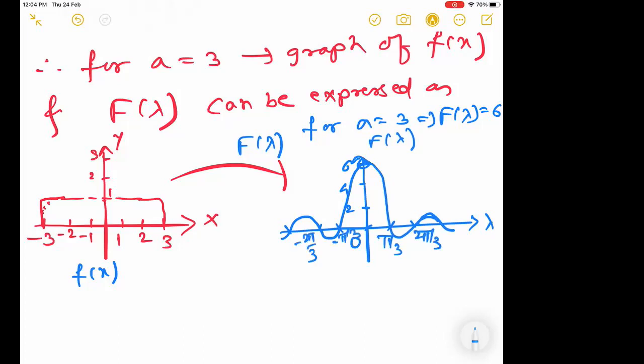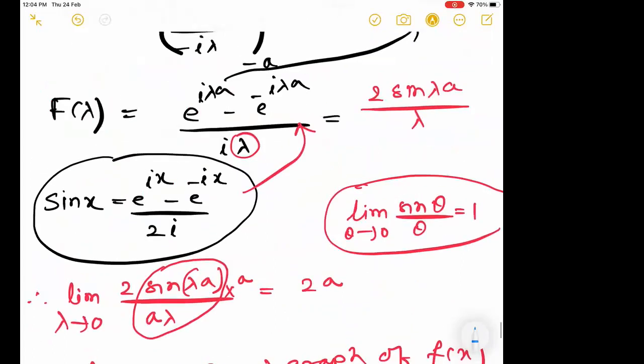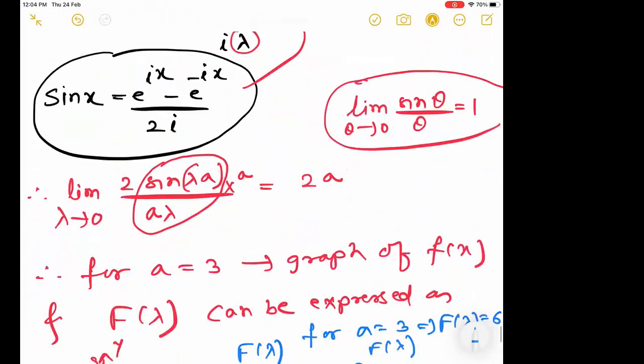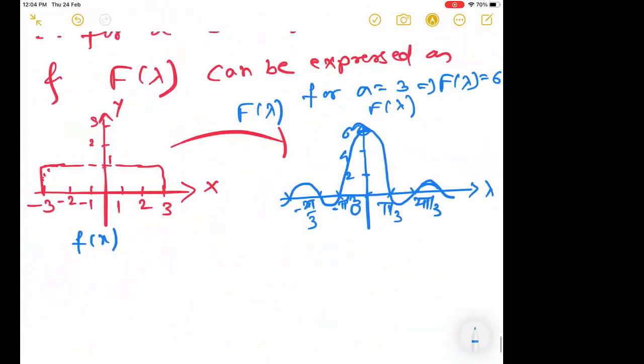So the transformed answer is a sine curve, sine lambda upon lambda, and the function f(x) is a step function: the answer is 1 for minus a to a, and 0 for greater than a. So this is just to know, not necessary to draw the graph. The f(x) function is transforming to the f(lambda) function with the help of this particular definition.